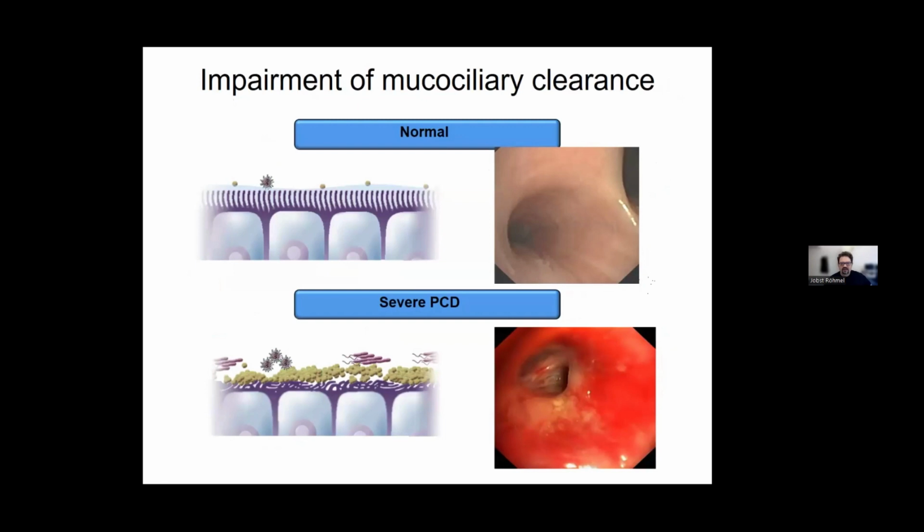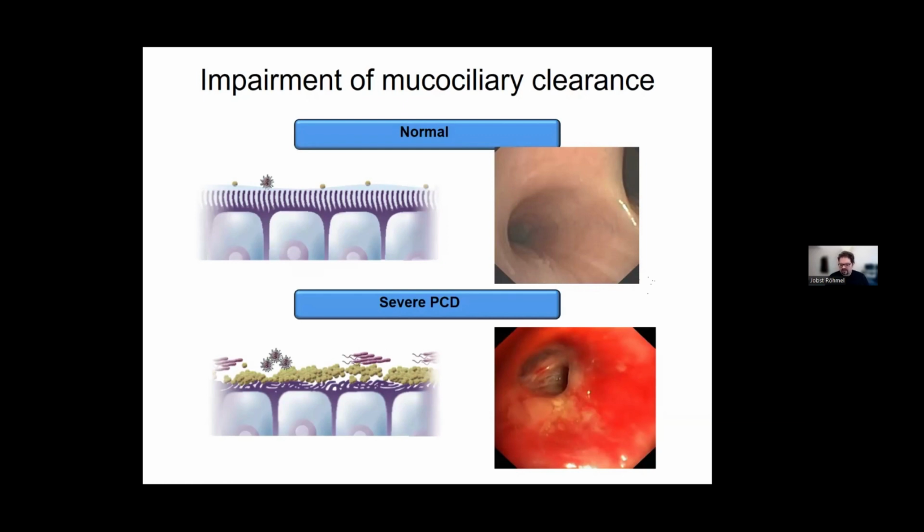And if you look at this here, in another image, in a normal situation, a normal bronchus, that's a bronchoscopy from a human. And then when you look at the lower image, you see severe PCD: there's lots of bacteria, lots of mucus, and you have edema in the mucosa, and also purulent secretions, meaning that there are a lot of bacteria and also defense cells that are there to eat the bacteria, and they form the pus.